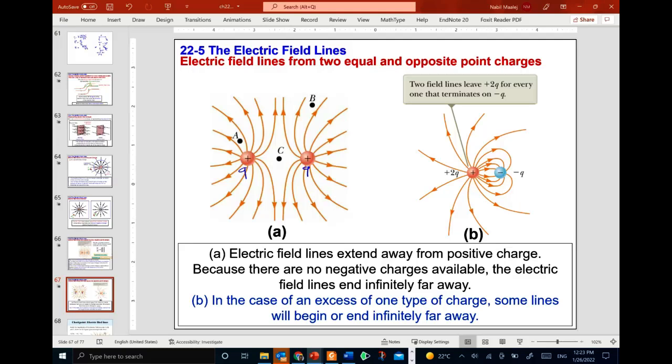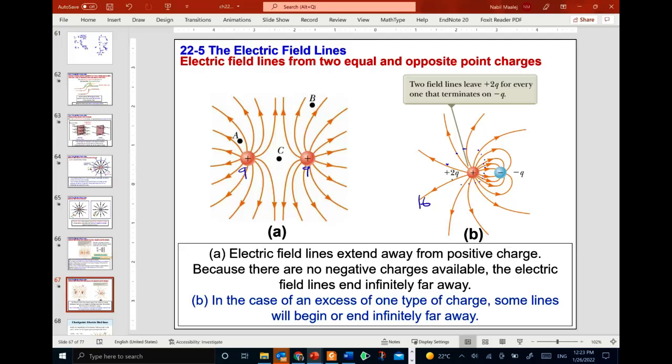All right? On the right case, I have a charge of 2Q on the left and minus Q on the right, and you can see the shape of the electric field lines is now skewed, and we have more electric field lines leaving the positive charge, double, than the negative charge. Let's count them. 1, 2, 3, 4, 5, 6, 7, 8, 9, 10, 11, 12, 13, 14, 15, 16.